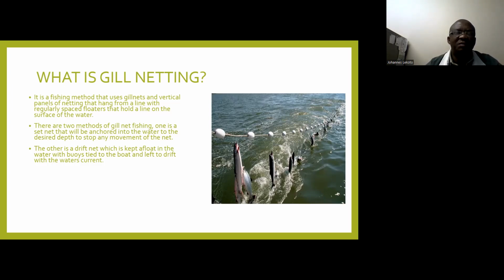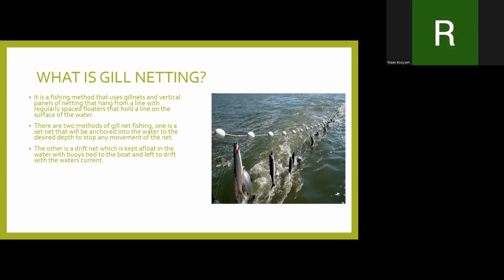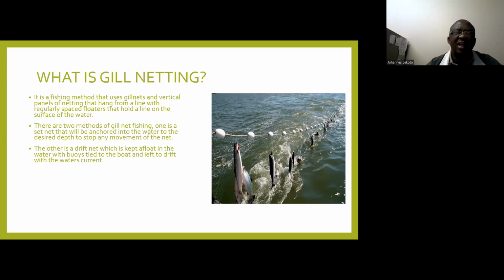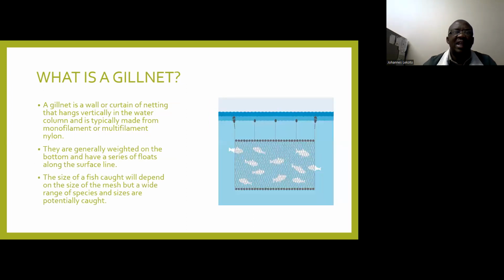The other is a drift net, which is kept afloat in the water with buoys tied to the boat and left to drift with the water's current. I'm supporting this slide with a picture here of the gill net with some fish hanging from the net. I'll then move to the next slide.